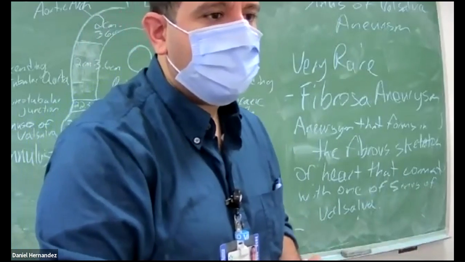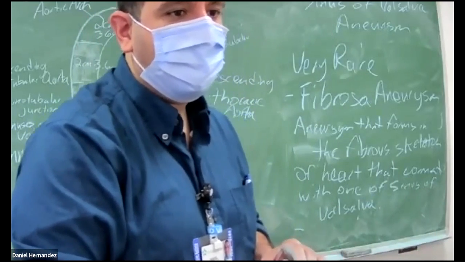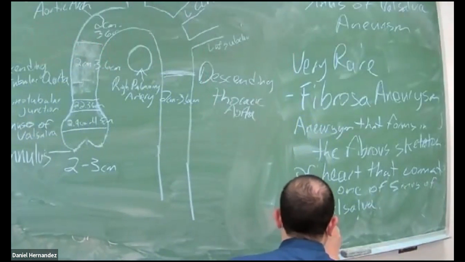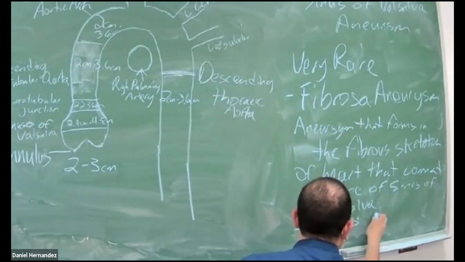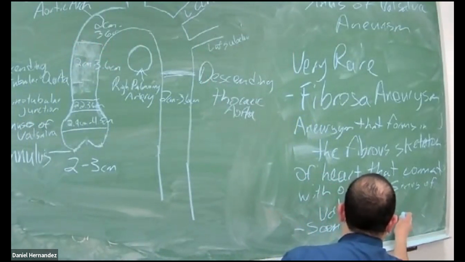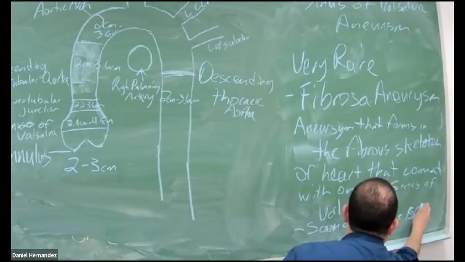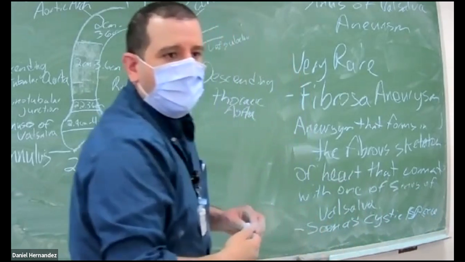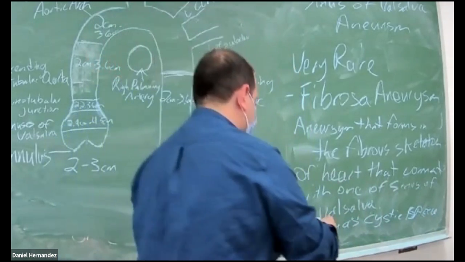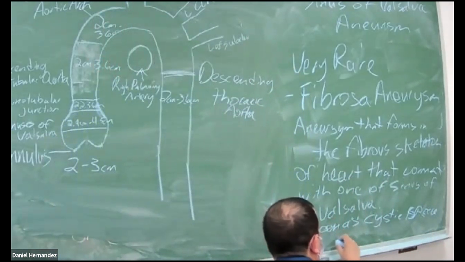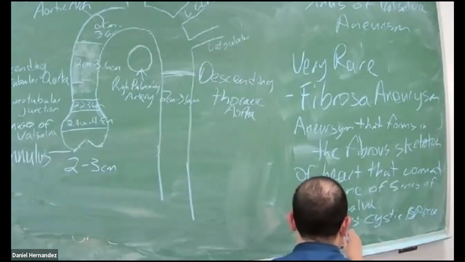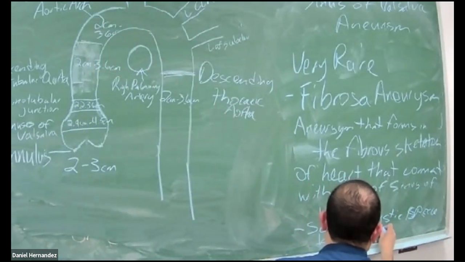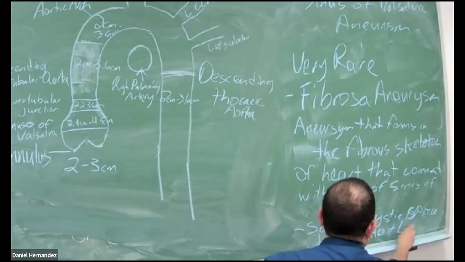This is frequently seen as a cystic space between the aorta and the left atrium.